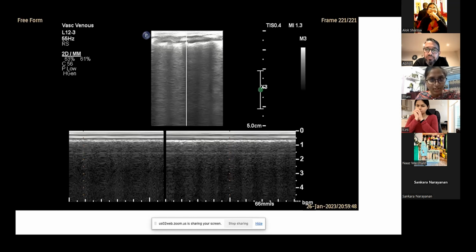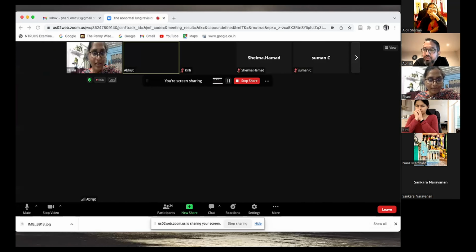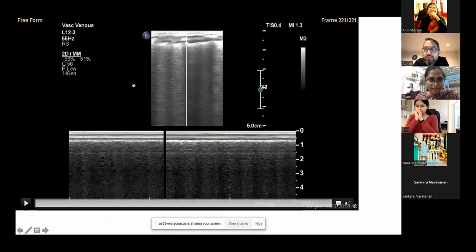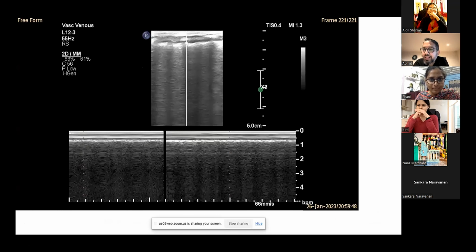I'm not well versed with the scanner you're using, but sometimes what happens is you have used the vascular mode, so I'm sure there will be something like a musculoskeletal mode as well, or superficial mode, and the machine gives you a free hand to change your gains.